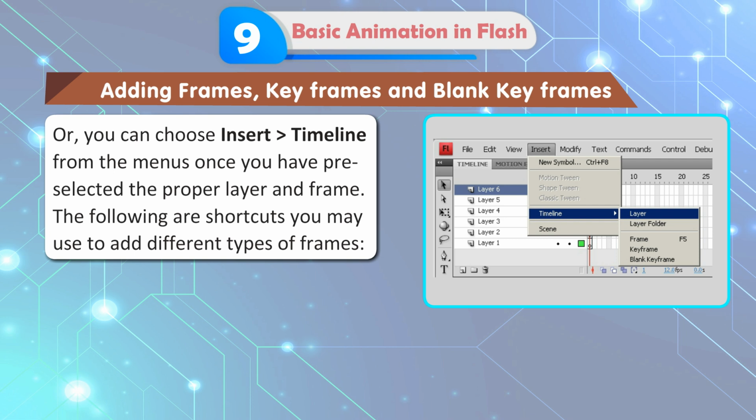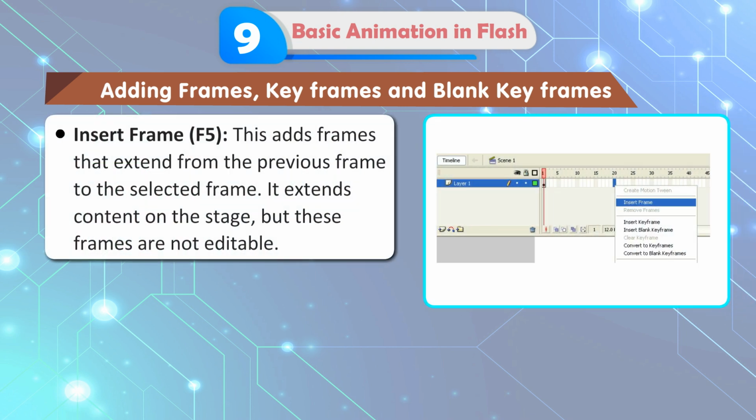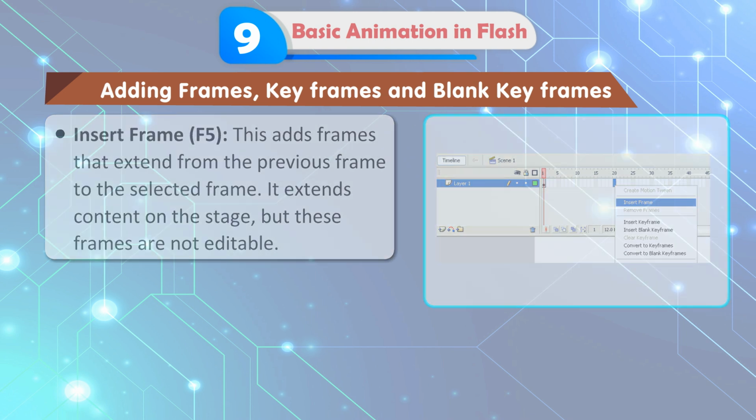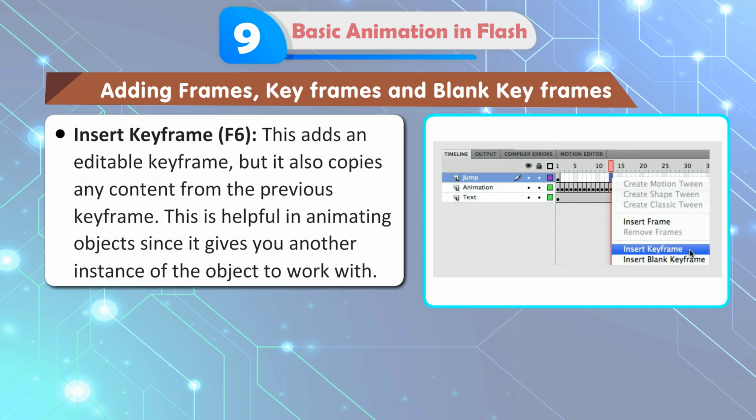The following are shortcuts you may use to add different types of frames. Insert Frame, F5. This adds frames that extend from the previous frame to the selected frame. It extends content on the stage, but these frames are not editable. Insert Keyframe, F6. This adds an editable keyframe, but it also copies any content from the previous keyframe.